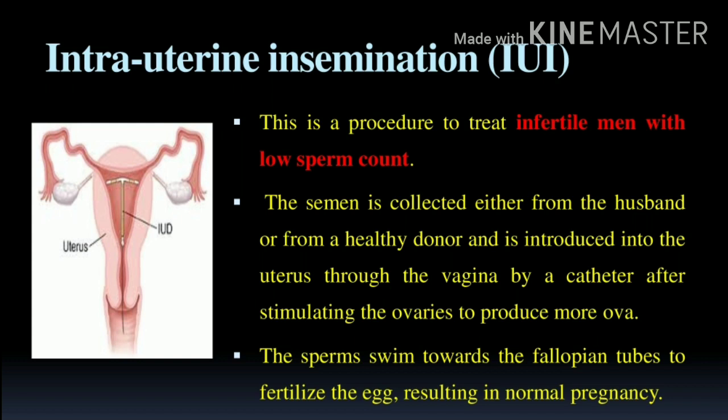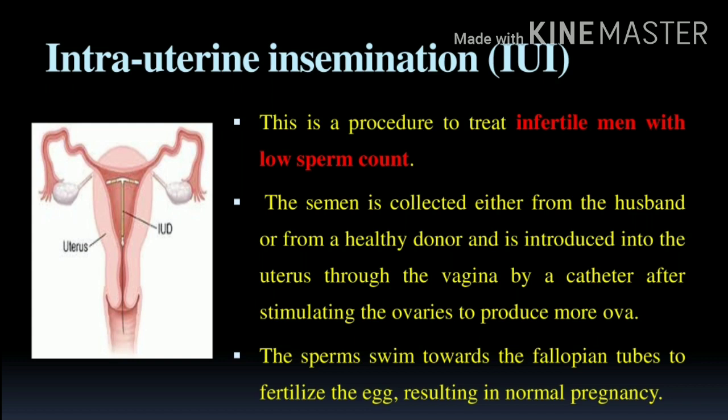First, semen is collected from the husband or a healthy donor. Why do we use a healthy donor? Because the husband is an infertile man. So in this condition we collect semen from the husband or from a healthy donor. The semen is introduced into the uterus through the vagina by a catheter.